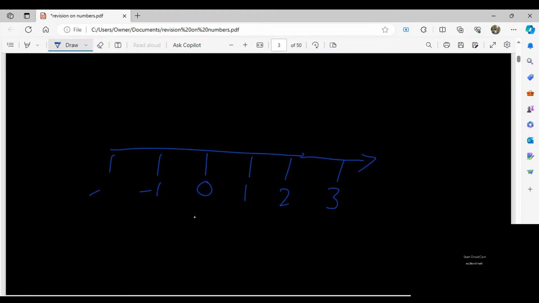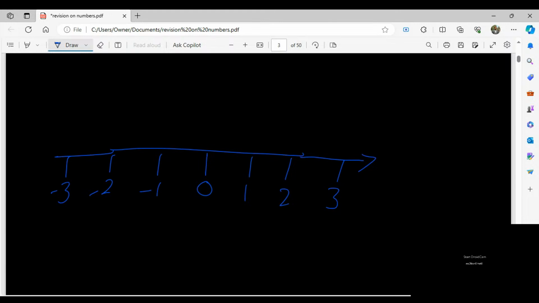Let's say, for example, we drew a number line, and I have my 0 here. Maybe I'll say 1, 2, continuing, maybe 3, and here there will be -1, -2, and -3 like this.